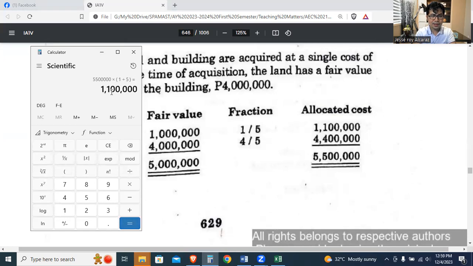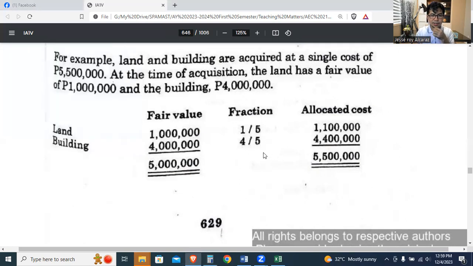So this is for the land. So that's 1,100,000, okay? And of course, for the building, 5,500,000 times 4 over 5. That's 4,400,000. Therefore, in this cash basis method, we have purchased the land for 1,100,000 and then the building for 4,400,000.